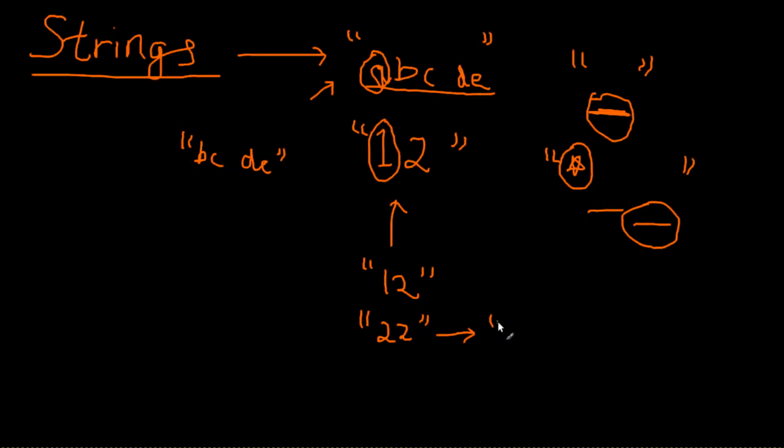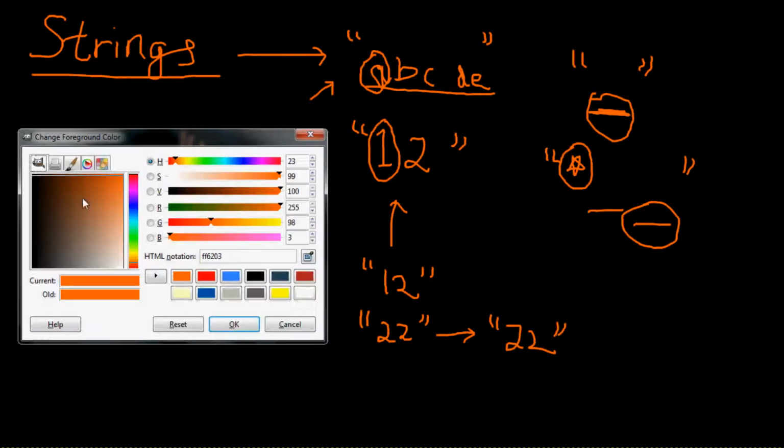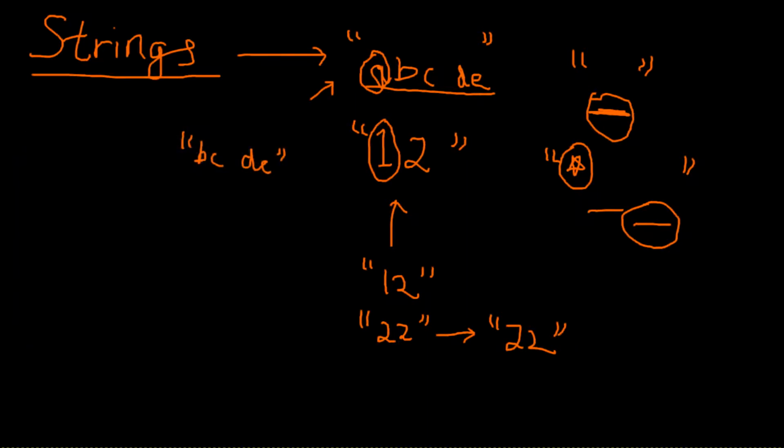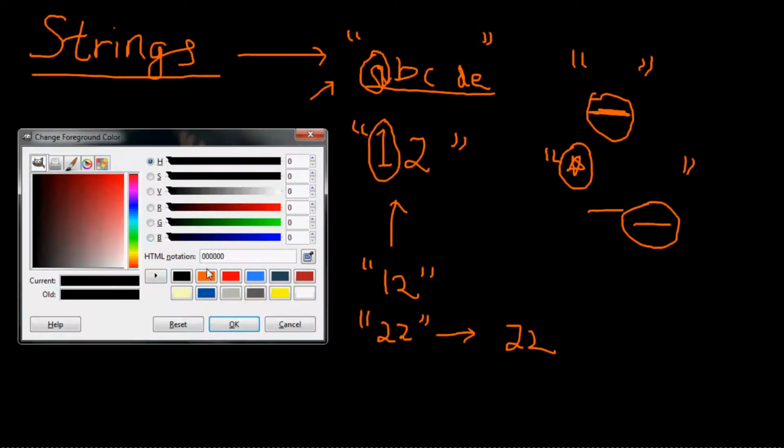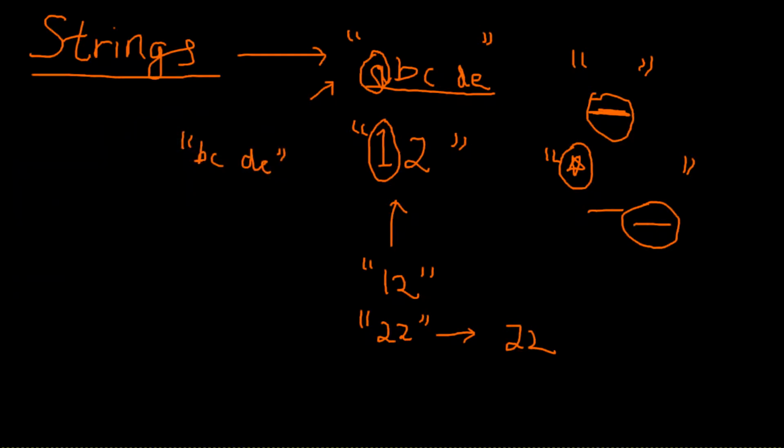So instead of having 22 like this as a string, there's a function that allows you to just convert it into an integer. What that means is that if you have this over here and you want to do 22 plus 5, you can't say 22 plus 5.